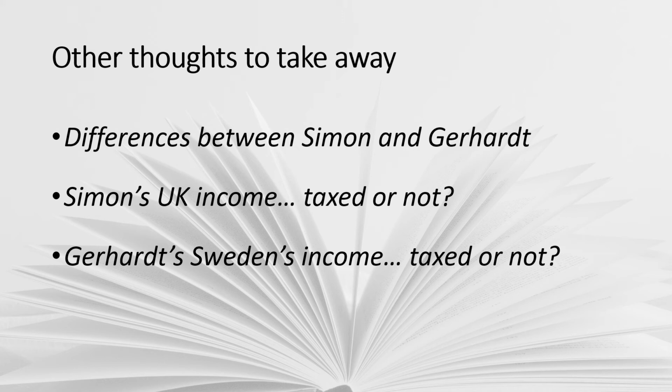With Gerhard, the critical time we need to be aware of is when he eventually becomes an Australian tax resident. From that point onward, his worldwide income is taxed in Australia, including income from Sweden, subject to any double tax agreement. He has already established the family home in Australia, and his family has already settled down in Australia.